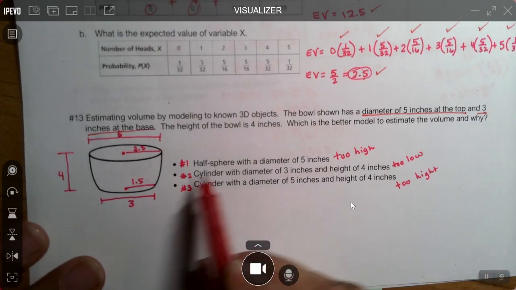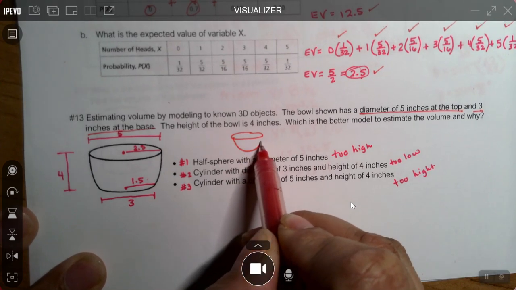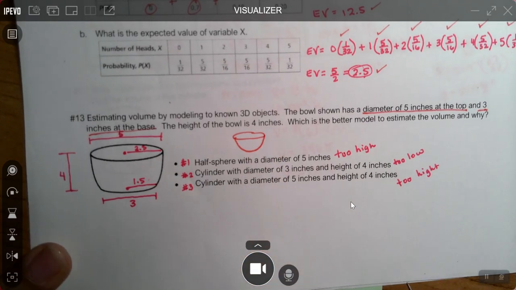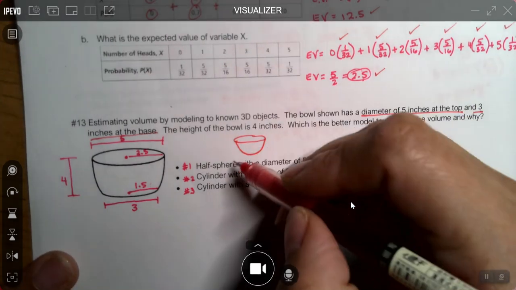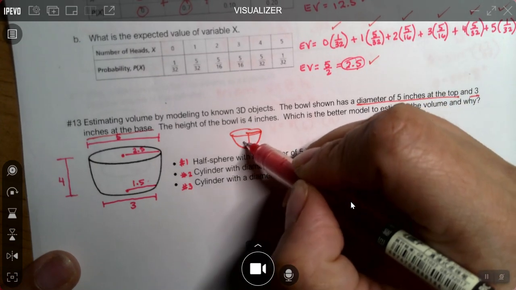Well, I'm not sure. This is 2.5. That'll also be 2.5.